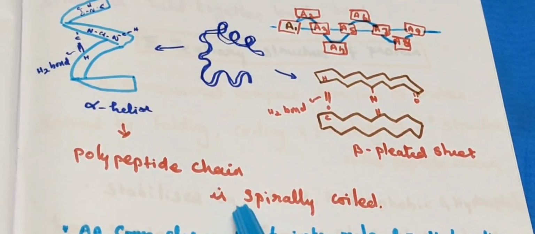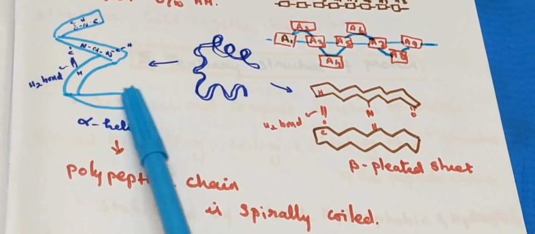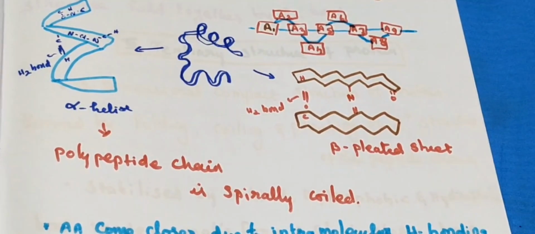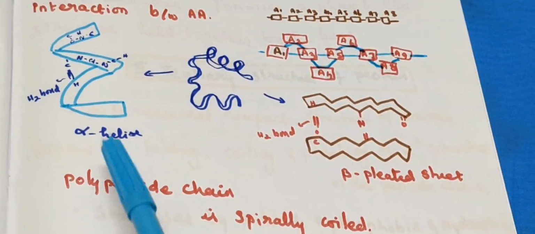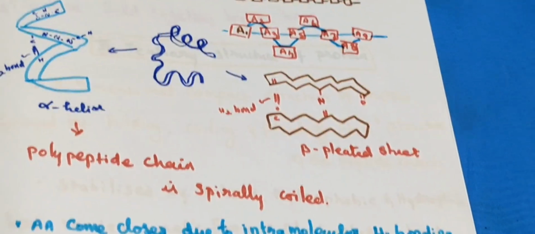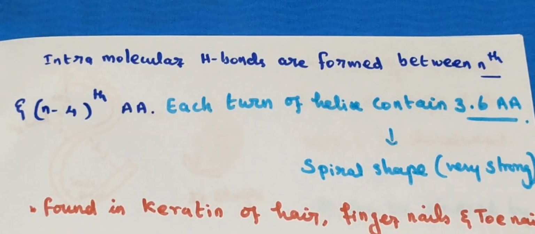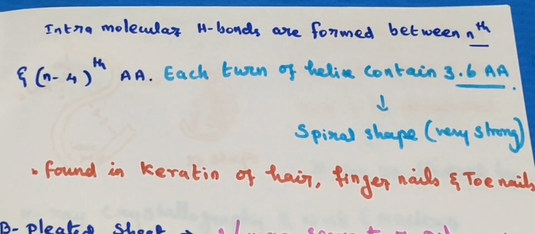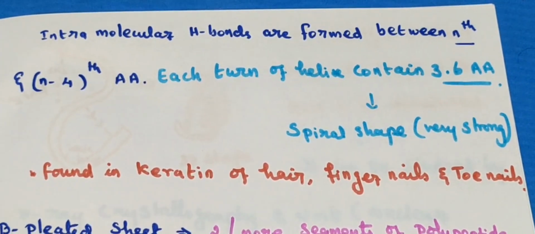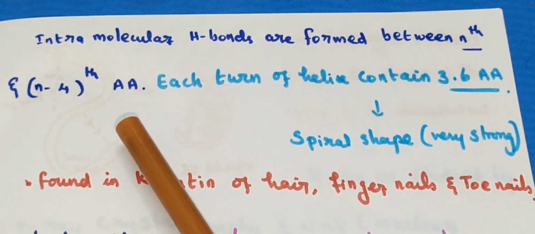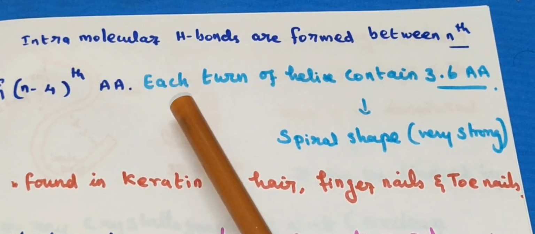This polypeptide chain is spirally coiled, so it becomes strong. Amino acids come closer due to intramolecular hydrogen bonding. Intramolecular hydrogen bonds are formed between the N and N minus 4 amino acid.